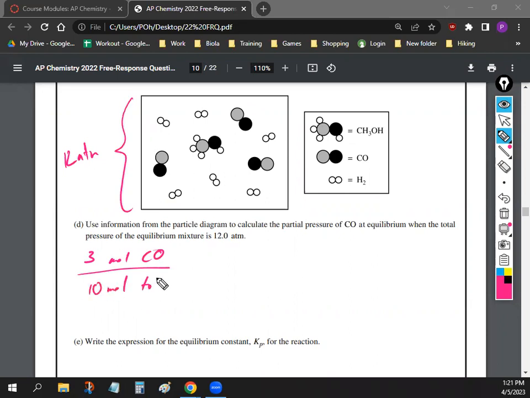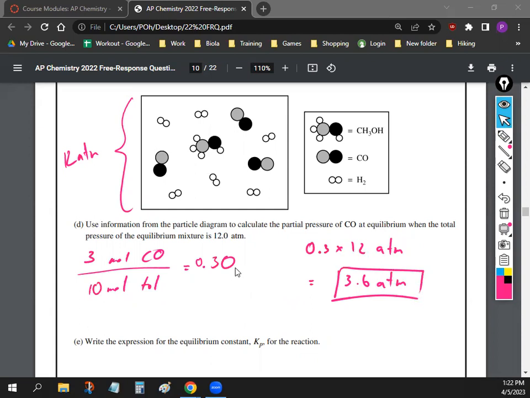So that means that 30%, or 0.3, is going to be the partial pressure contributed by CO. Super easy, you just do 0.3 times 12 ATM, and that's going to give you your partial pressure for CO. Should be 3.6 ATM. That's it. The AP test really likes these picture problems, so just make sure you get comfortable counting. Usually that's what you need to do with these particular problems.